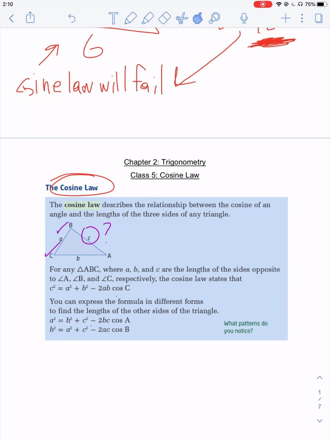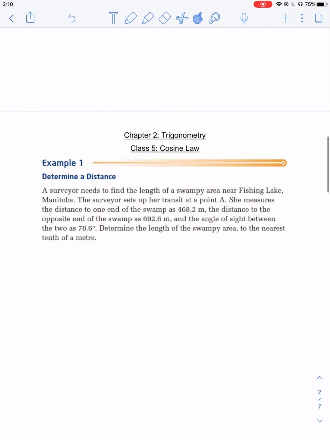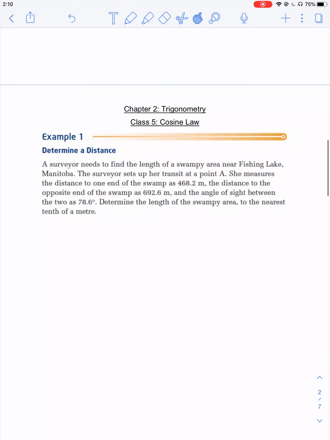Okay, so let's apply this. So again, a long question. I'm not going to bore you with the details, but what's happening over here is that this surveyor is starting at point A and then traveling to, let's just call this point B, and this person is also traveling to point C, okay?